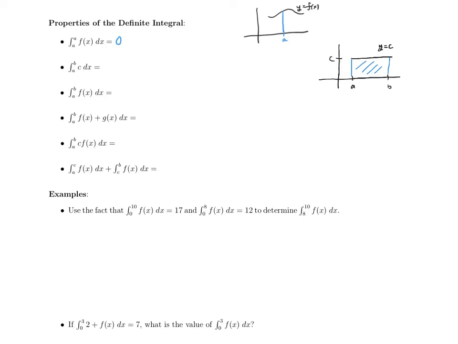Note it's a rectangle whose height is c and base length is b minus a. So when we evaluate this integral, what we should get back is c times b minus a. And note it's irrelevant what value you have for the constant c, any such value will give you back the same result.